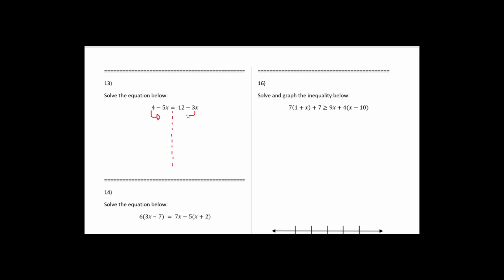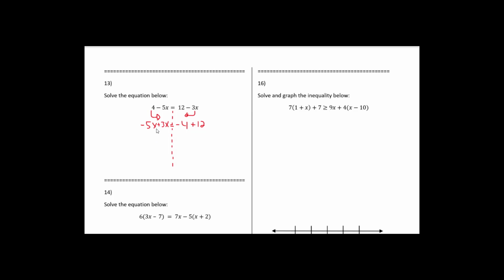And the negative 3x is going to go to the other side as well. Okay, so that means the negative 5x comes down. The 4 goes to the other side as negative 4. The 12 comes down as positive 12. And the negative 3x comes over here as positive 3x.